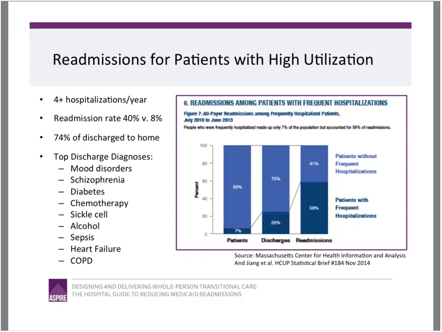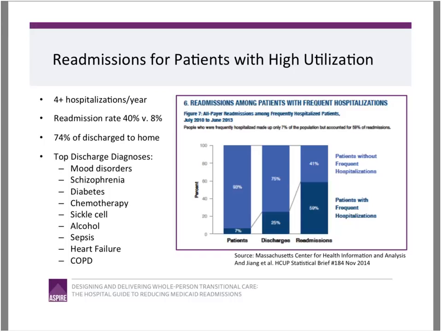So here on the graphic, we can see that at least in Massachusetts, patients who had 4 or more hospitalizations in a 12-month period were 7% of hospitalized patients in the state. Those 7% of patients used 25% of all admissions and accounted for 59% of all 30-day readmissions.